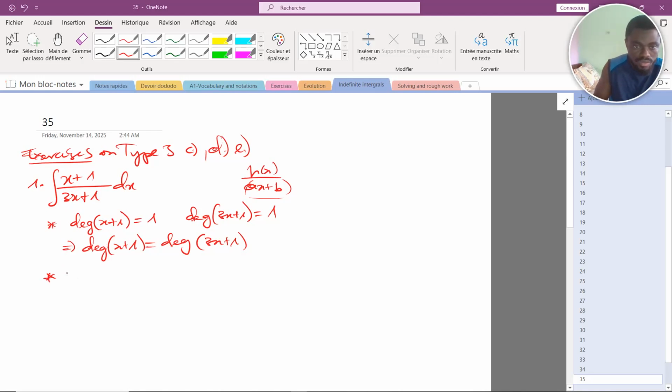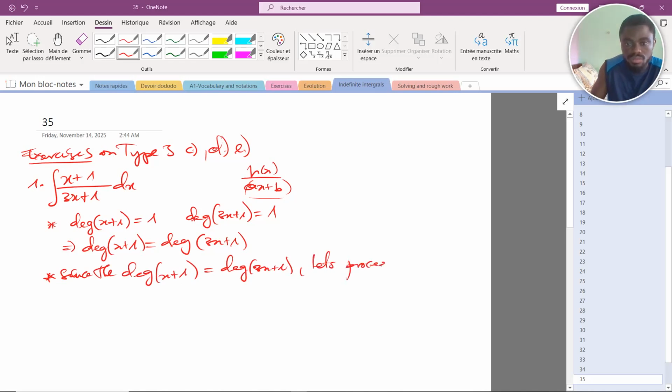Since the degree of x plus 1 is equal to the degree of 3x plus 1, let's proceed to Euclidean division first.